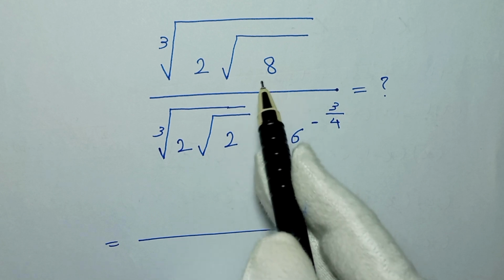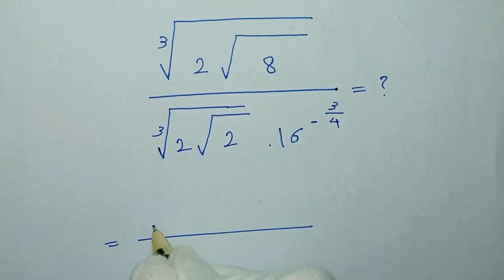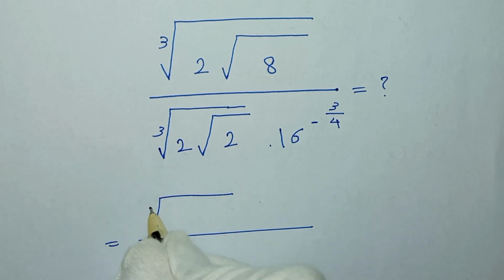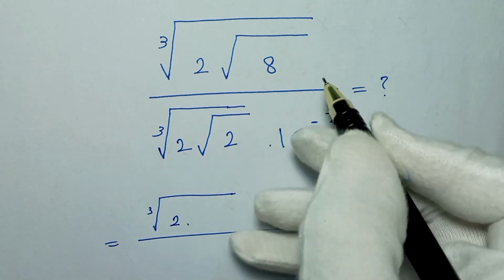this 8 we can write as 2 times 4, so it will be cube root of 2 times. So in here, 8 is 2 times 4.